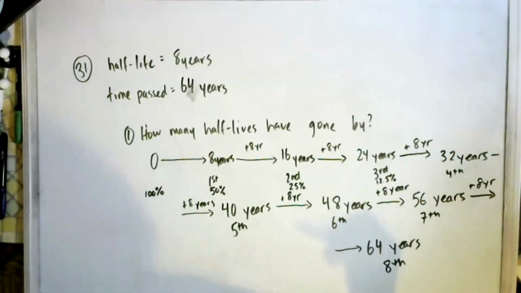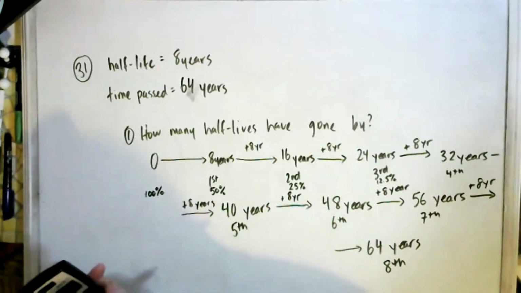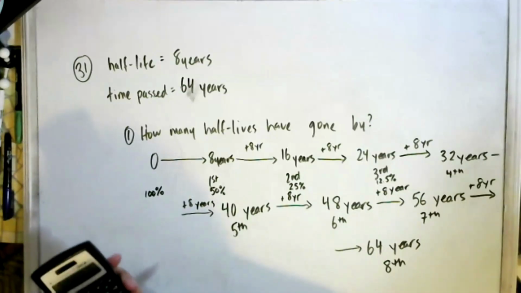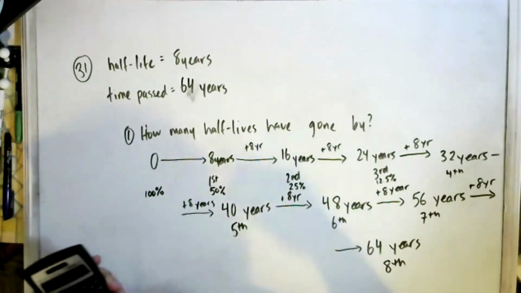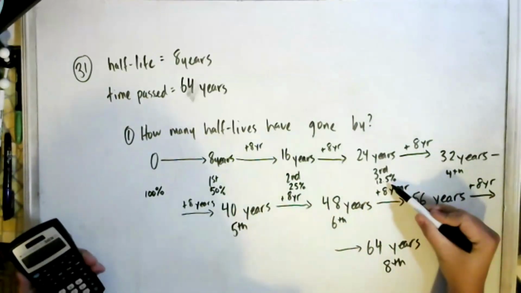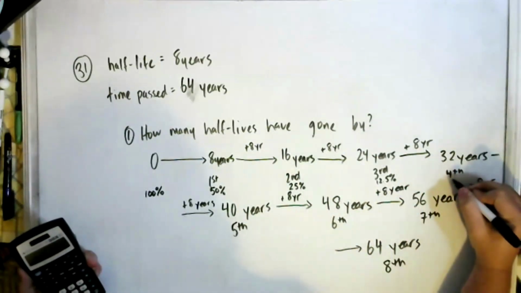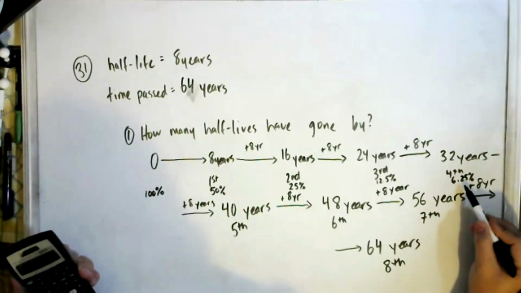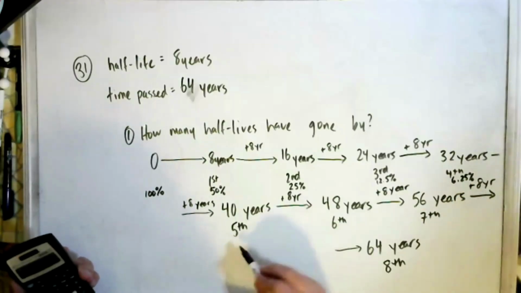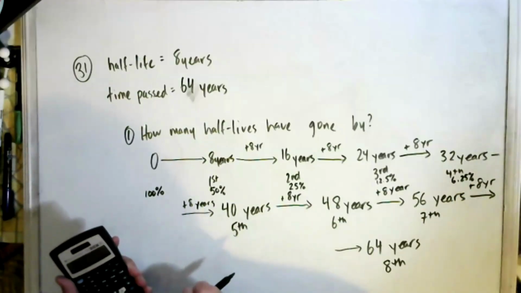12.5%. I'm going to start needing my calculator to divide some of these by 2 because they're going to get small. When we take our 12.5 and we divide it by 2 for our fourth half-life, we're going to have 6.25%. Then we're going to divide our 6.25% by 2 for our fifth half-life.